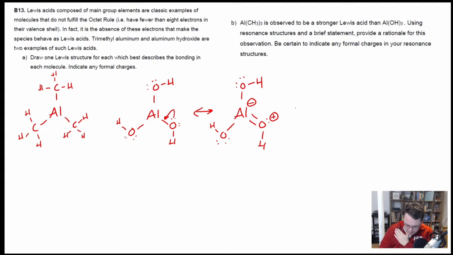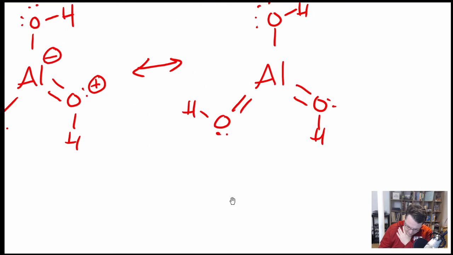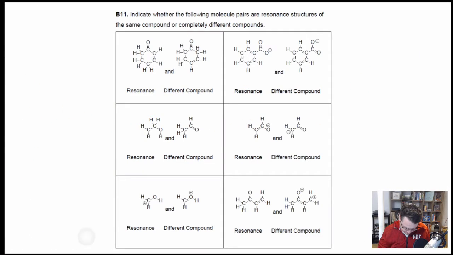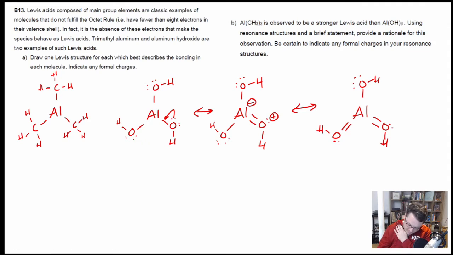And then same thing, we can keep drawing resonance structures where we start donating more and more from the different oxygens. We have this one that's the double bond, and this one that's the double bond. And now both of those oxygens have positive charges, and the aluminum has a 2- charge in this case.